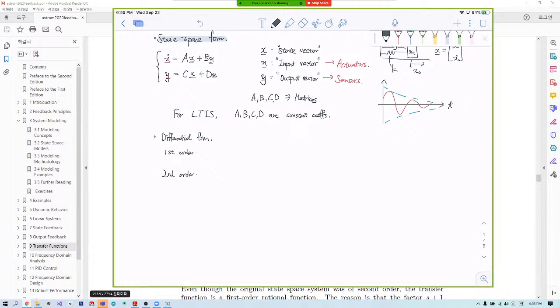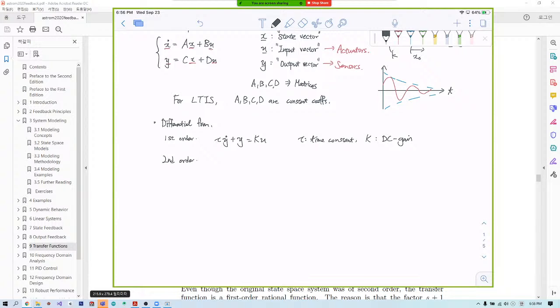First order in canonical form looks like this: tau times y dot plus y equals k times u, where tau is a time constant and k is a DC gain. DC gain means that in steady state, our first order system's output, y in this case, is going to reach the value of k.